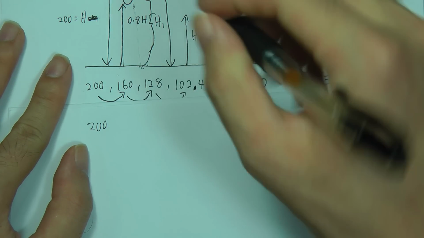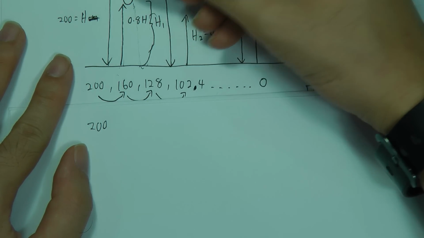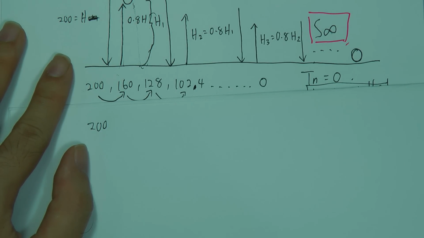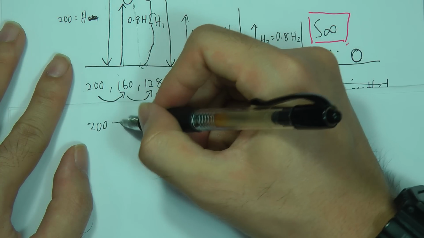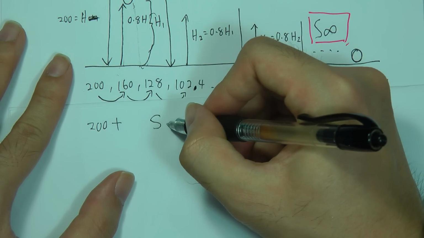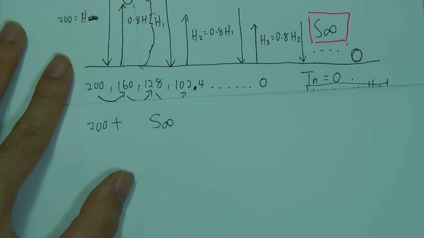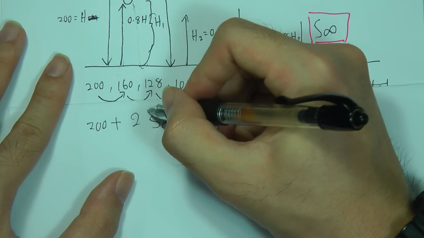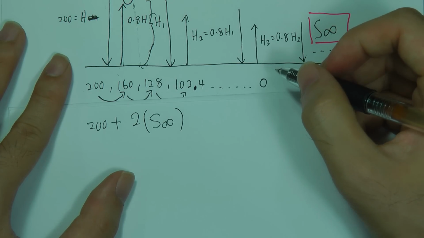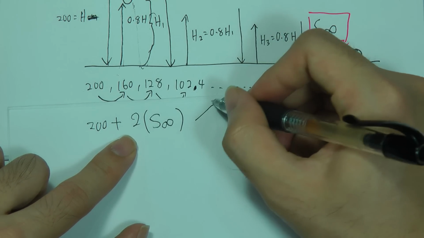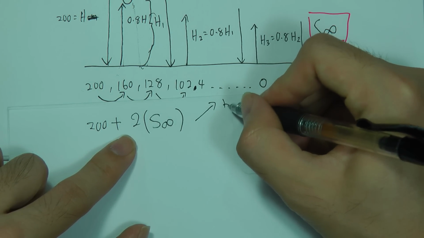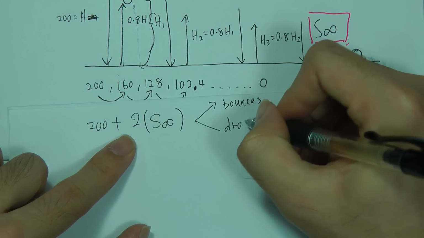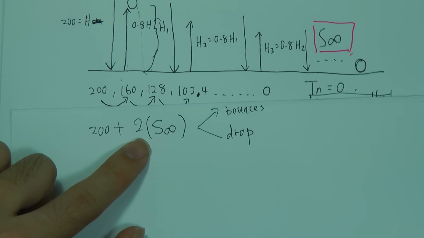From here you can get the distances getting smaller until infinity, so from here we say this is sum of infinity. But because it bounced up and dropped down, we have 2 times the sum of infinity. The 2 stands for one when he bounced, another when he dropped.